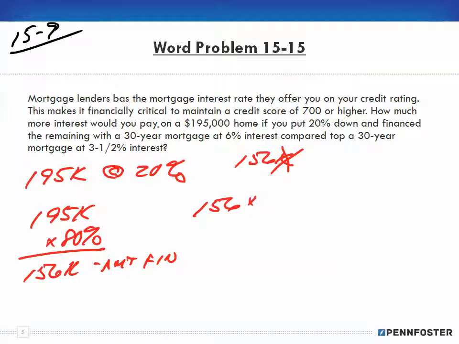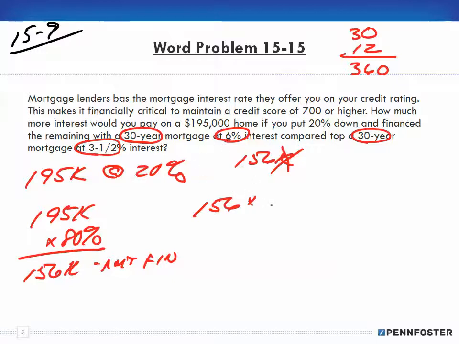So I'm comparing one set of circumstances, a 30-year mortgage at 6%, against a 30-year mortgage at 3.5%. Since I'm talking about a 30-year mortgage, I multiply the 30 years by 12 and get 360 payments.